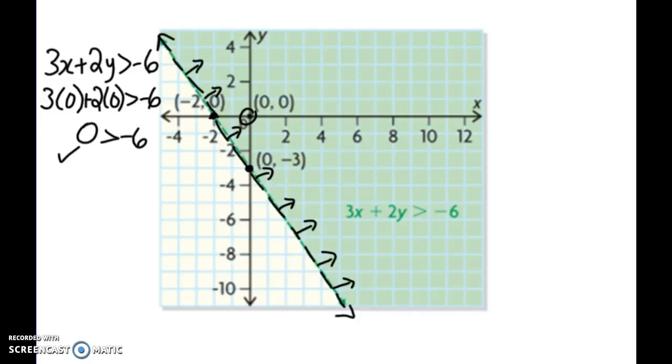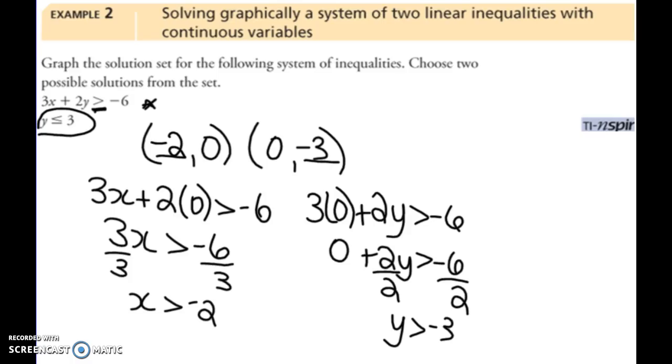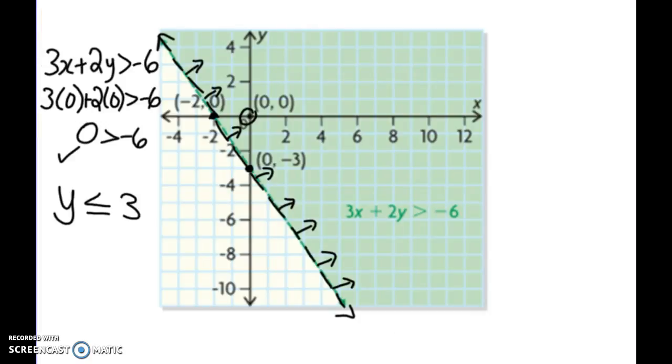Now we need to remember our second equation was y is less than or equal to 3. Since y is less than or equal to 3, you find where y is 3, that is your point, and you draw a line through it. In this case, it's going to be a solid line because it's less than or equal to.